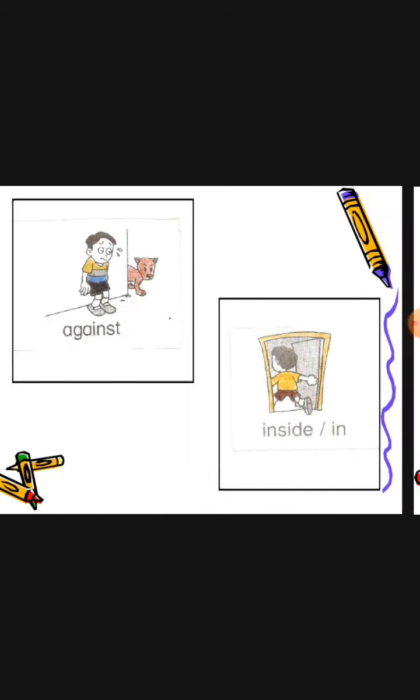It means when you are standing behind something and the thing is just in front of your face. Suppose the first boy is Ram and the second boy is Shyam. Then Ram is standing in front of Shyam. So for showing this, we use the preposition in front of.